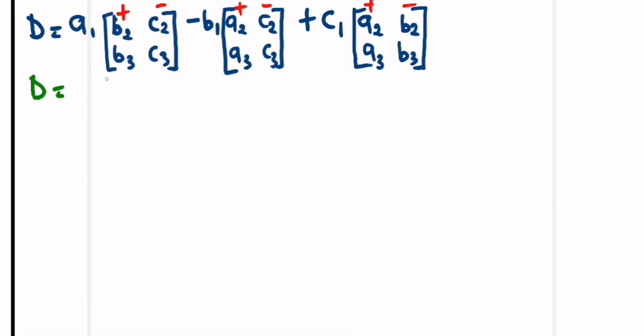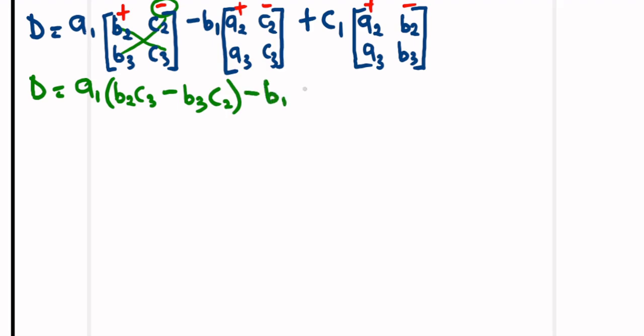So now, getting the determinant of the 2 by 2 matrix inside each of them, our D is equal to A1, then a bracket. The first diagonal is B2 times C3, which is B2 C3. Then we'll have our minus here: minus B3 C2, the second diagonal. Then we have minus B1, and we look for the diagonals of the B1 matrix.